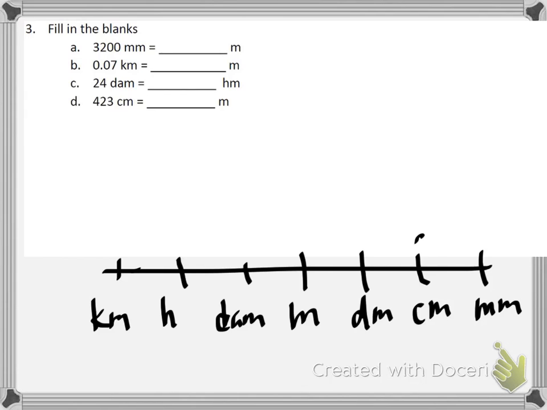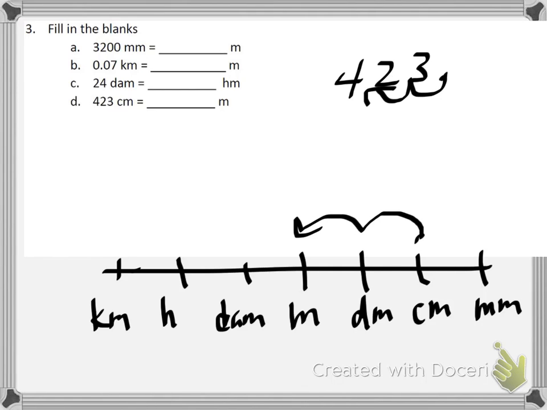So we're starting at centimeters here, and we're going to meters. So we're going backwards 2 spaces. So 423, decimal point at the end, backward 2 spaces, 4.23.